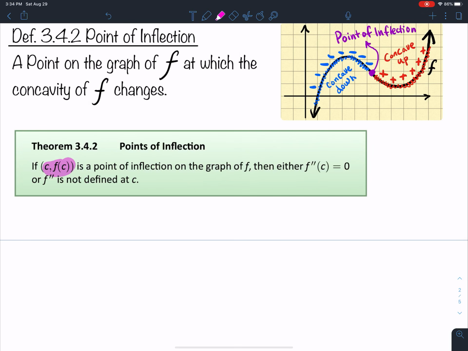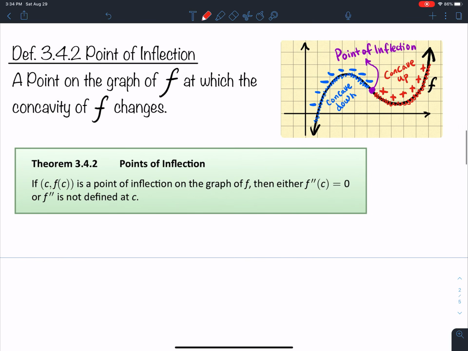If c comma f of c, which is this point of inflection right here, is a point of inflection on the graph, then the second derivative is 0 or the second derivative is not defined at c, okay? So that's the case if the second derivative is 0 and/or not defined at c.